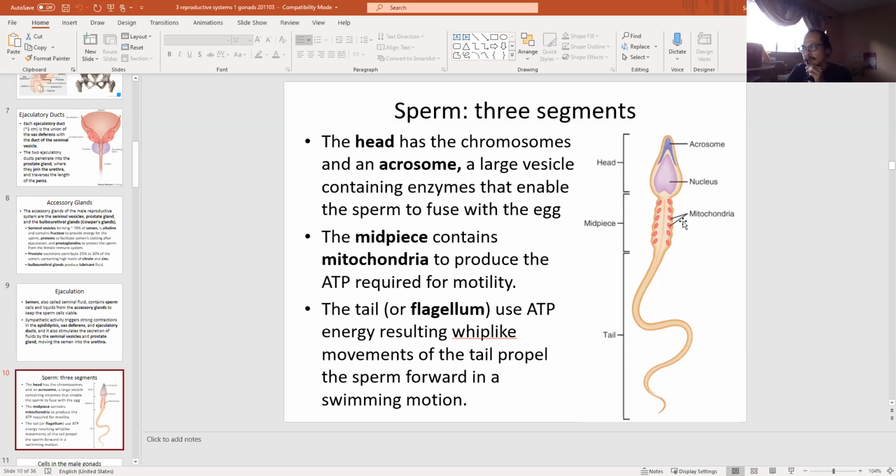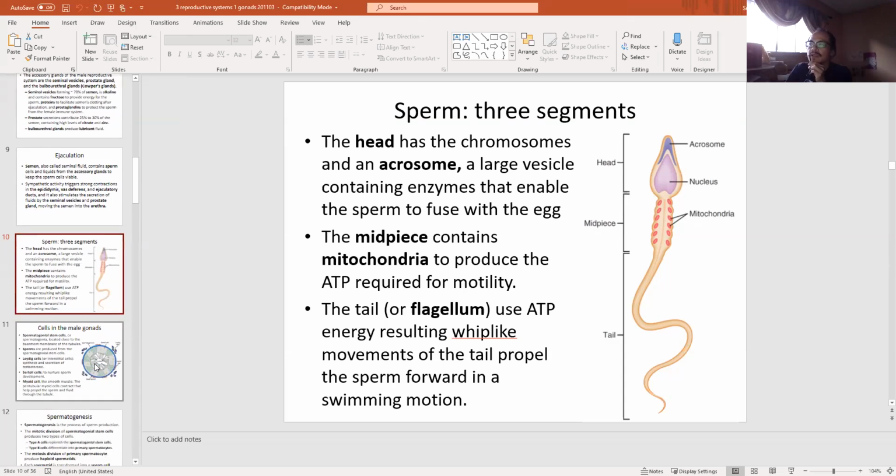The energy comes from the ATP produced by the mitochondria. We talked about how mitochondria produce ATP in our physiology, so you have the idea how this organelle works inside of a cell.